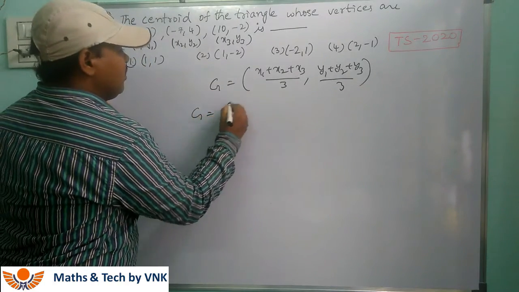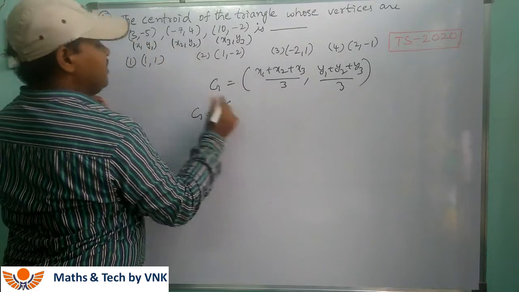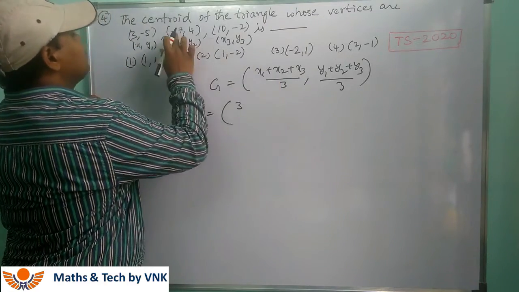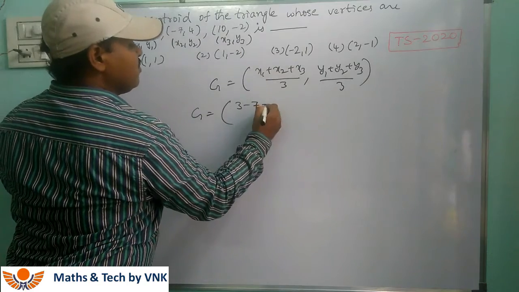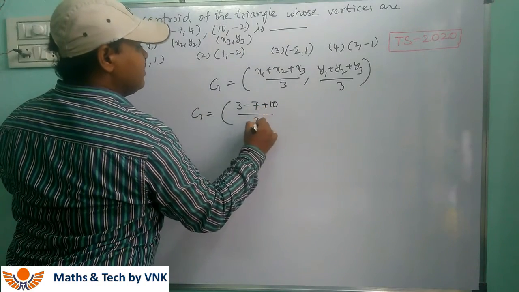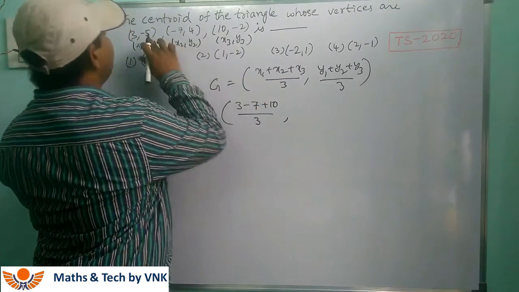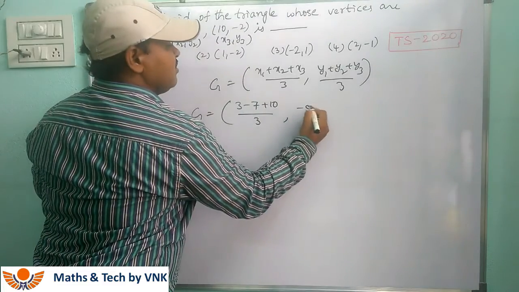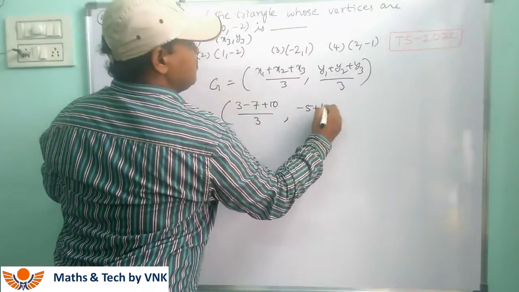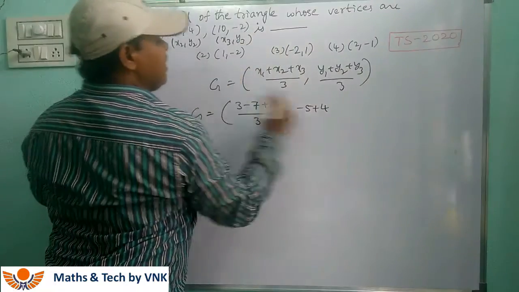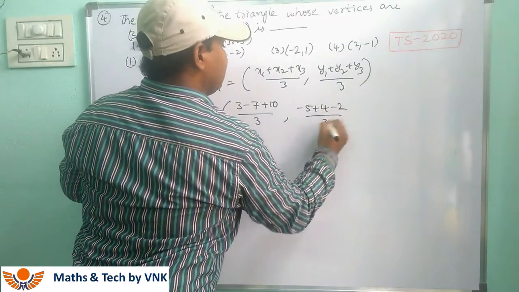So G is equal to x1 is 3, x2 is minus 7, x3 is 10, so 3 minus 7 plus 10 divided by 3 comma y1 is minus 5 plus y2 is 4 plus y3 is minus 2 divided by 3.